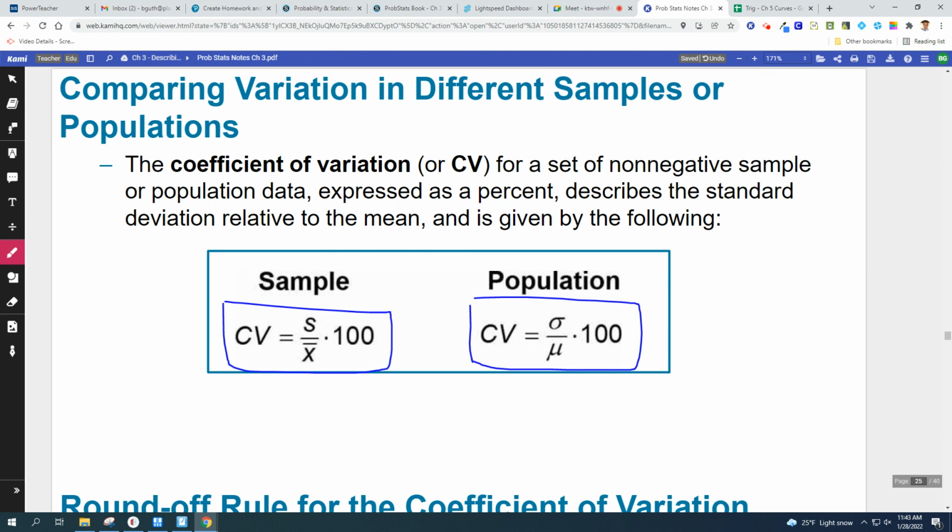All this is saying is standard deviation divided by the mean times 100. It's a good way of comparing variation when means are very different, or when the units are very different, okay?